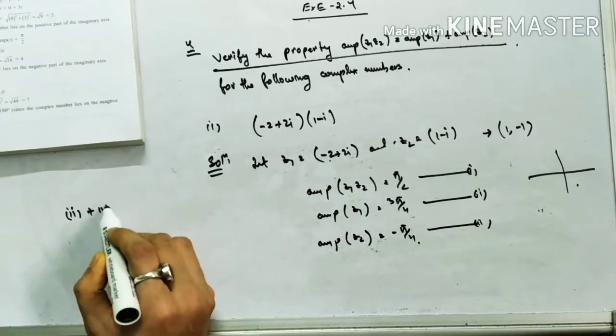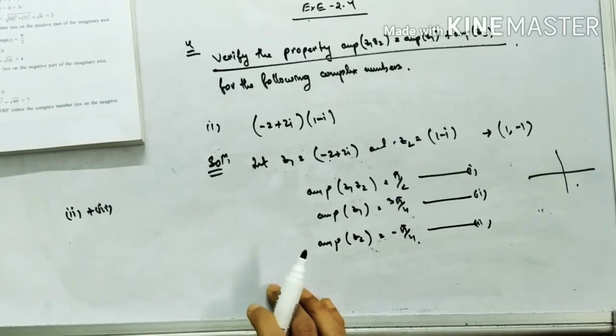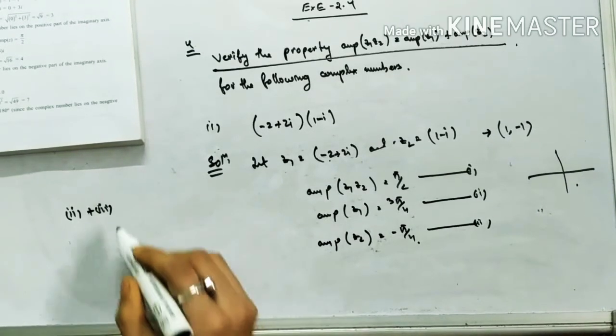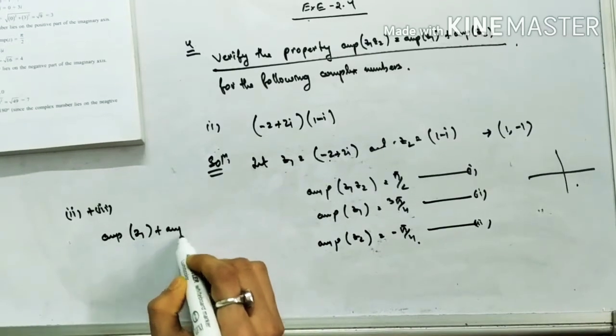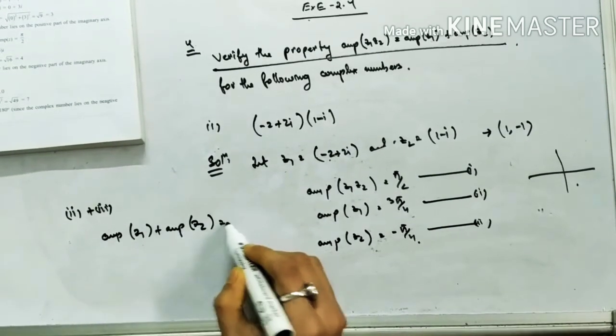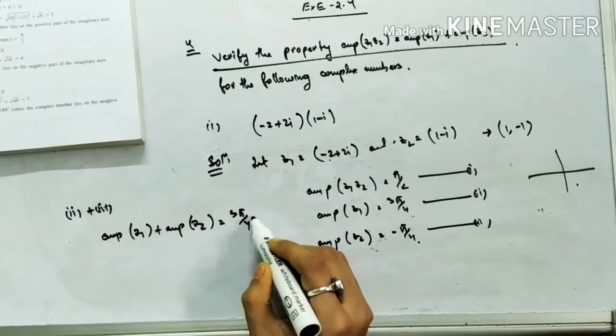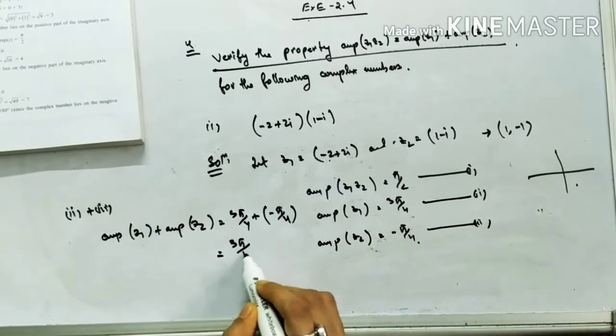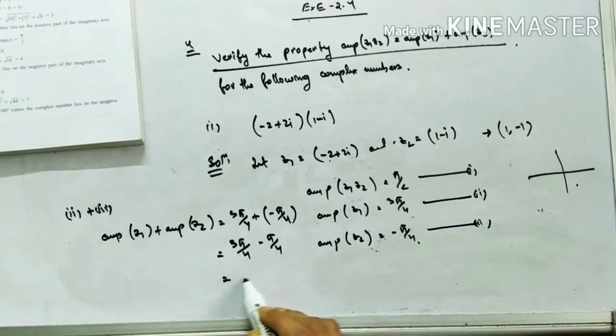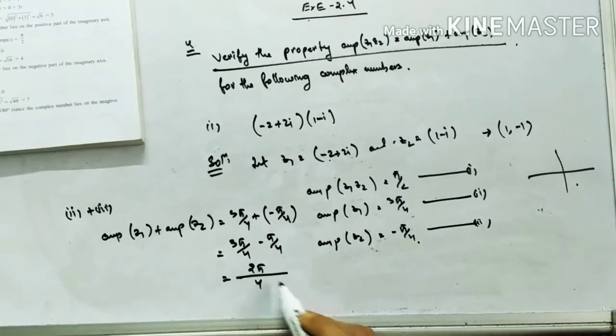Equation 2 plus 3 I will do here. So this is, I will get amplitude Z1 plus amplitude Z2, which is equal to 3 pi by 4 plus minus pi by 4. This will be 3 pi by 4 minus pi by 4, 2 pi by 4.